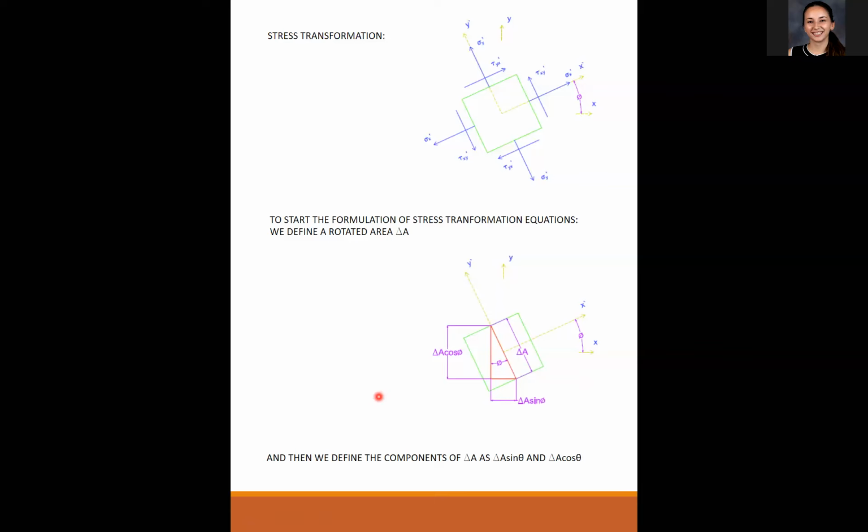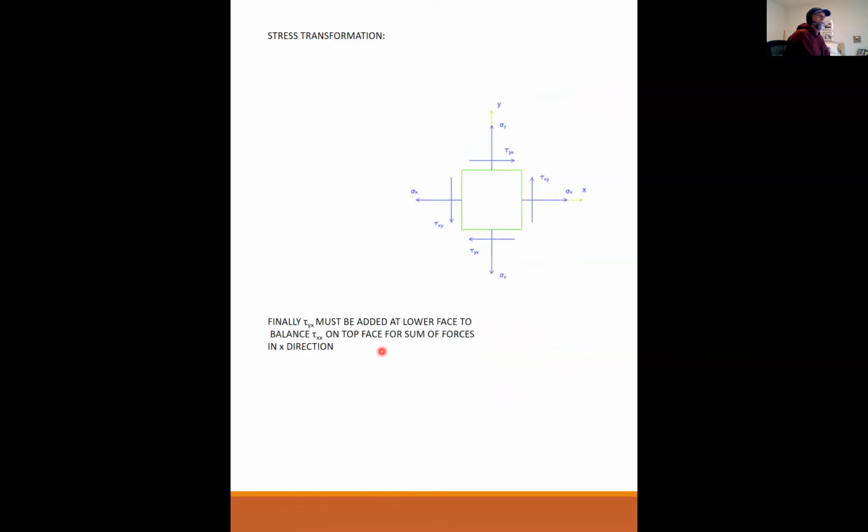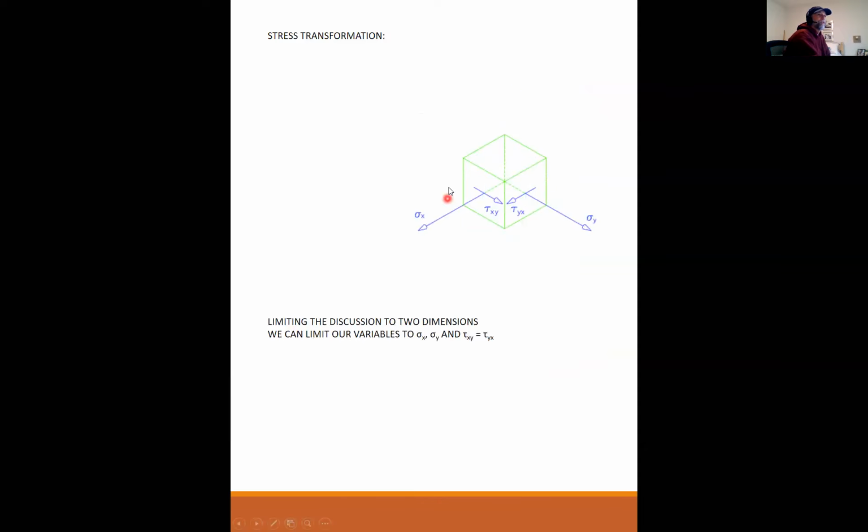Sure. Okay, so see the green square. Let's go back a little bit and remember that green square. That green square was a cut through this green cube. So the vertical line that you saw, and that, and that.